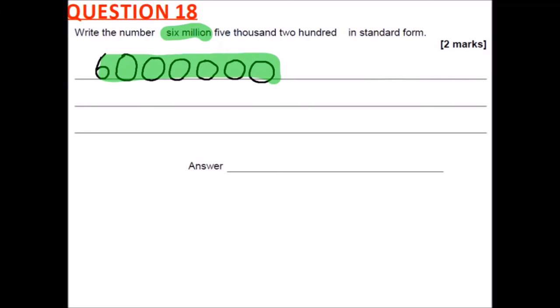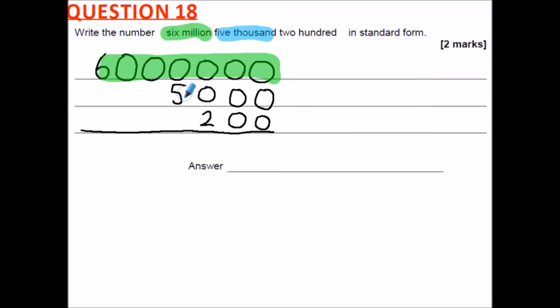Then it says 5,000. You should probably know what 5,000 is. 5,000 is a 5 with 3 zeros. And then 200 is a 2 with 2 zeros. So if you think about that all being added up, 6,005,200 all combined would look like this.